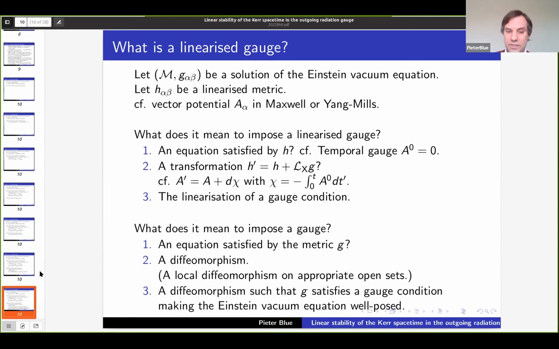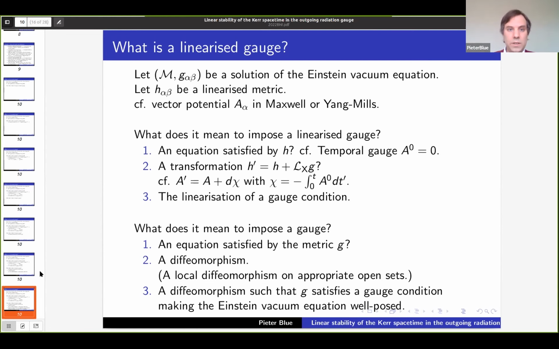So again, this final view is probably the one that's going to be most productive for going to the nonlinear problem: you want to have a version of the Einstein equations with a gauge that gives you a well-posed initial value problem that you can solve. That's the ultimate goal. Then you get a model problem from that by linearizing that system.